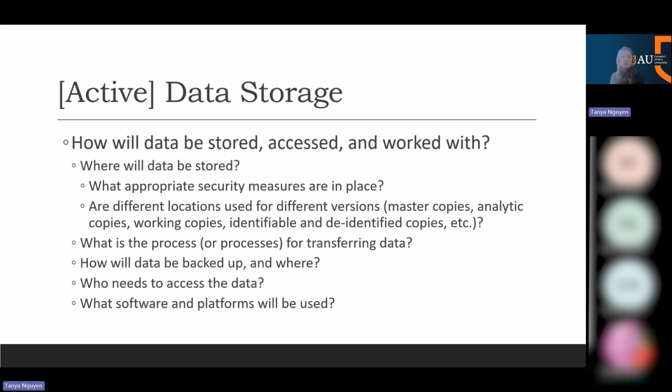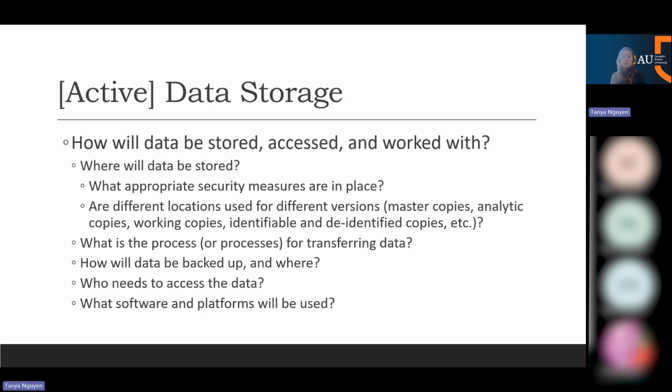In order to select appropriate data storage, you're going to think about what systems have appropriate security, and whether you need different locations for different versions of your data. Do you have master copies, and are you making working copies off of those master copies?